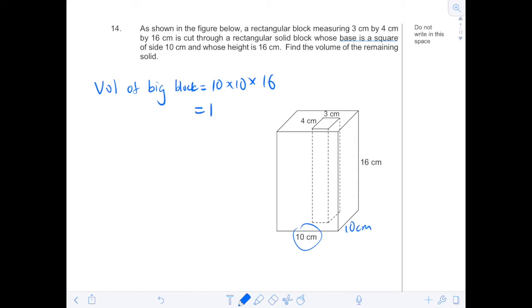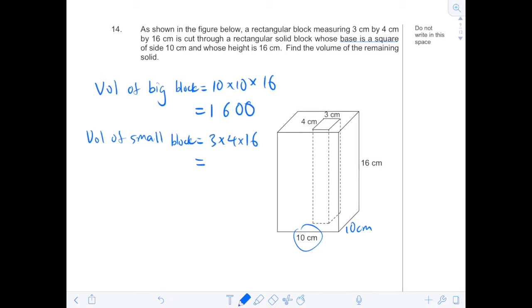That gives me 1600. Then next you have to find the volume of the small block. Small block will give you 3 times 4 times 16, and this would give you 192 cubic cm.